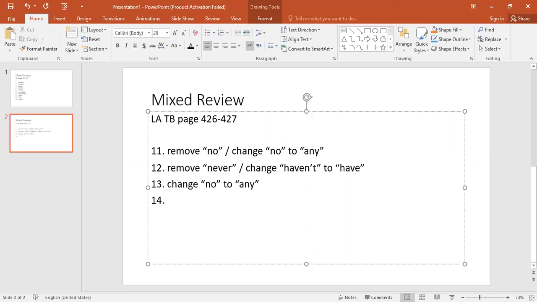I have never been to an outdoor concert. Okay, very good. So we can remove never, or change haven't to have. I have never been. Okay, thank you. Habiba, number 15.